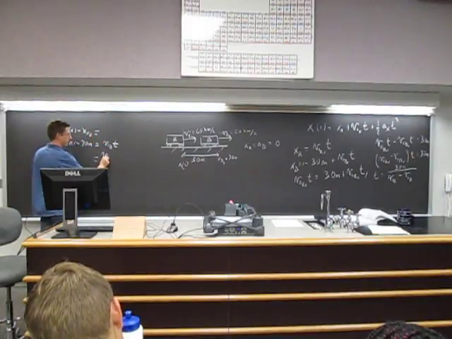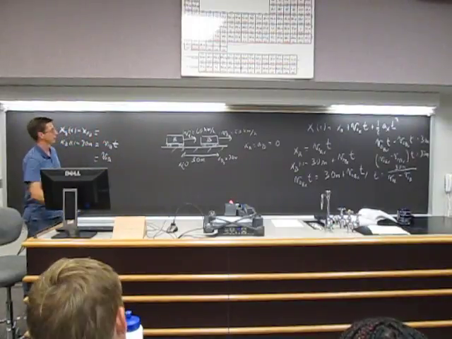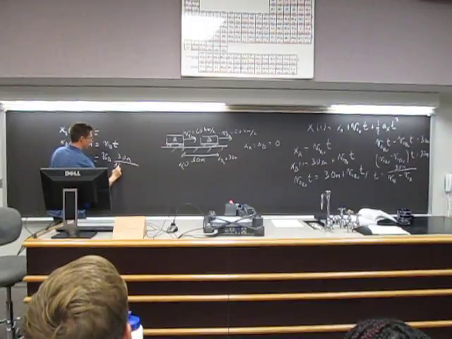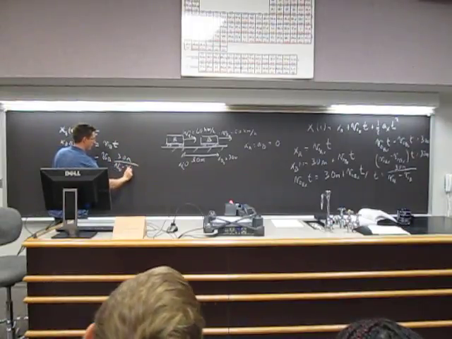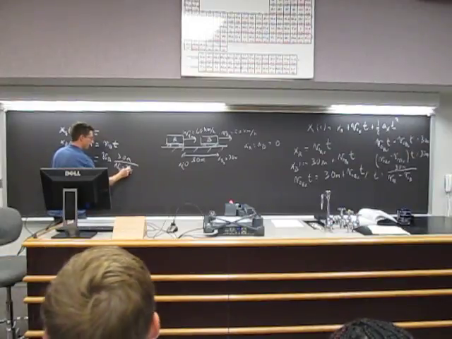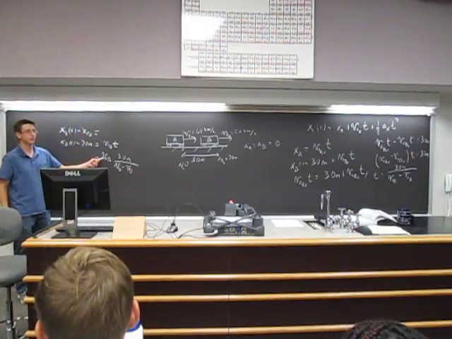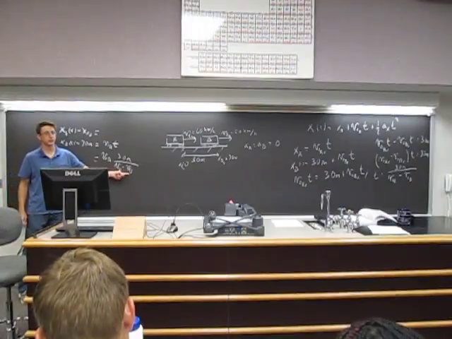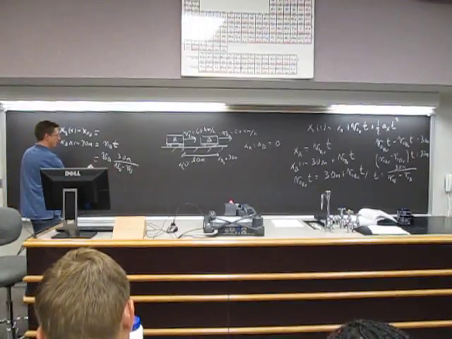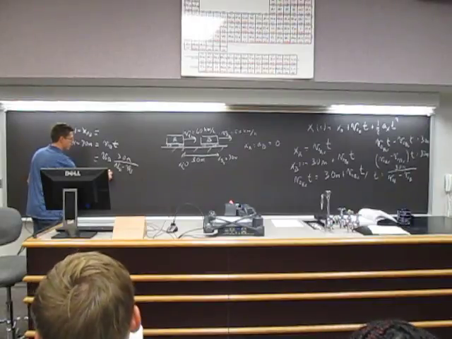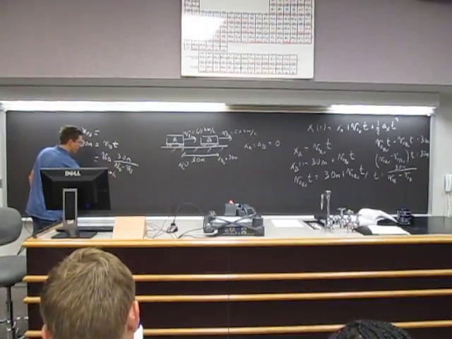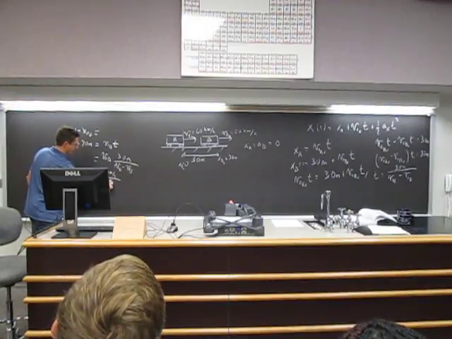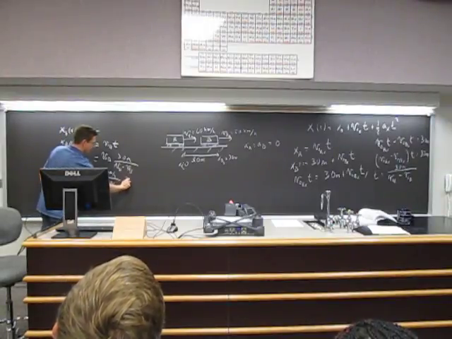So that would be the velocity of the blue car times 30 meters over the velocity of the red car minus the velocity of the blue car. The blue car is 50 kilometers per hour, and the red car is 60, so 60 minus 50 kilometers per hour. So that would be 50 kilometers per hour over 10 kilometers per hour times 30 meters.